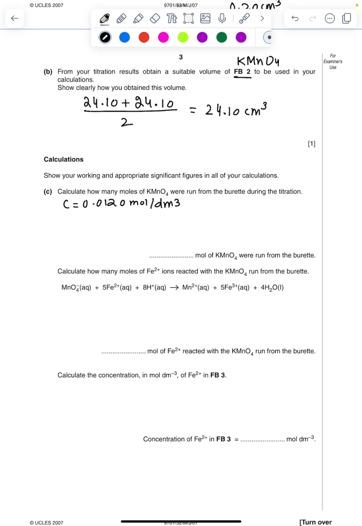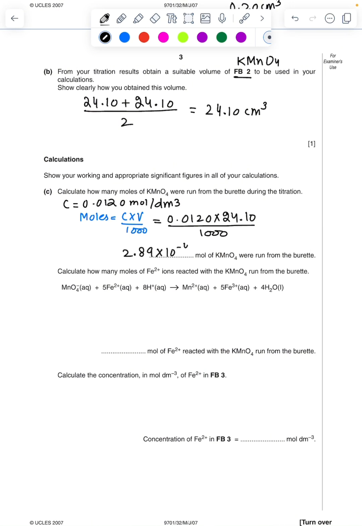This is also given to us. So I can use the formula moles is equal to concentration into volume over 1000. And this is 0.0120. The volume is 24.10 over 1000. So when I solve this up, this ends up getting us a final answer of 2.89 × 10⁻⁴ moles of KMnO4.